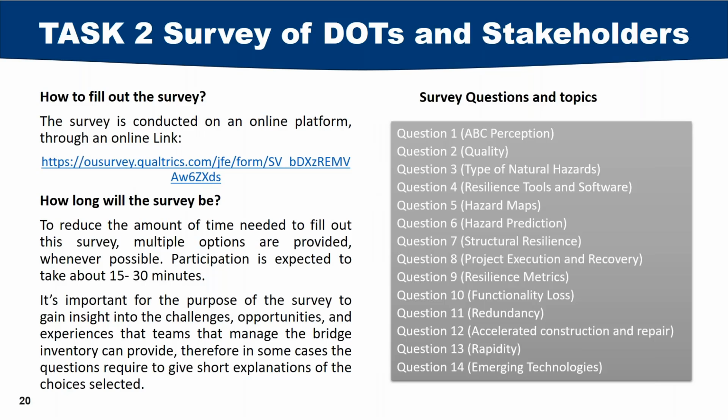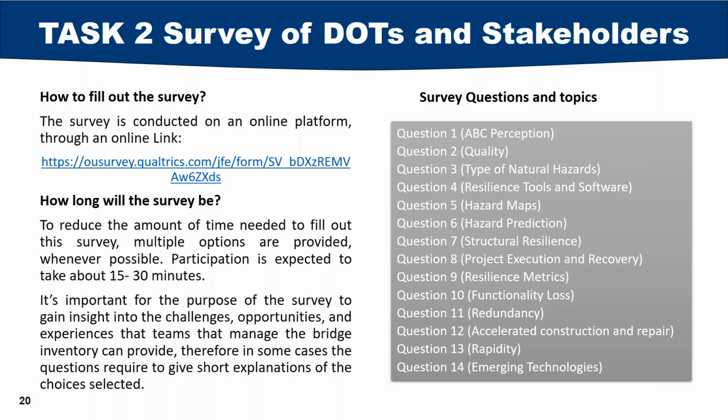The first question, as you can see here, is regarding the perception of ABC. We have given them some options like safety and mobility, durability, delivery time, environmental impact, cost, and social.